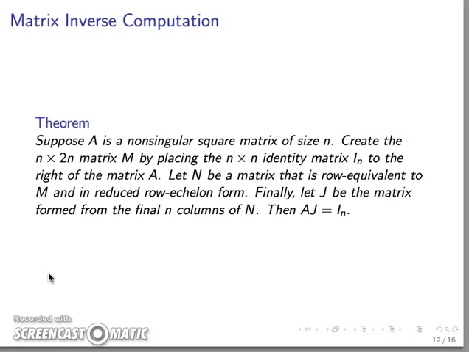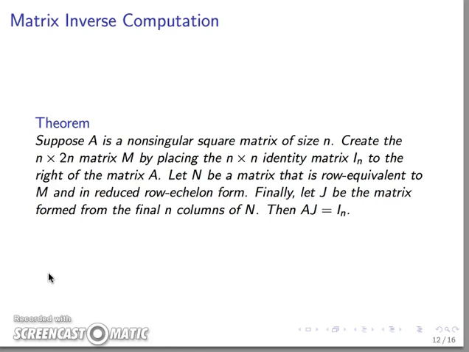So now we can continue on the methodology for calculation of the inverse of a matrix, and this is summarized in this theorem. Instead of calculating each column of the inverse one at a time, we could compute the entire matrix at once.